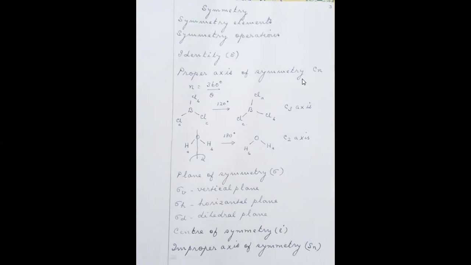So what will happen? The BCl3 molecule, when rotated by 120 degrees clockwise, the chlorine designated A goes to the position of B, the chlorine B goes to the position of C, and the chlorine C goes to the position of A. So that is simply a displacement.